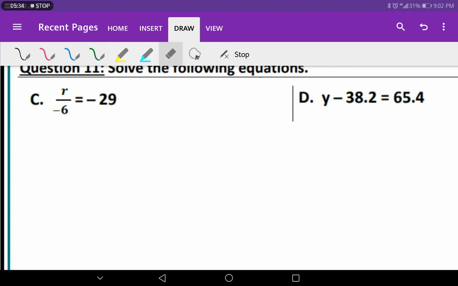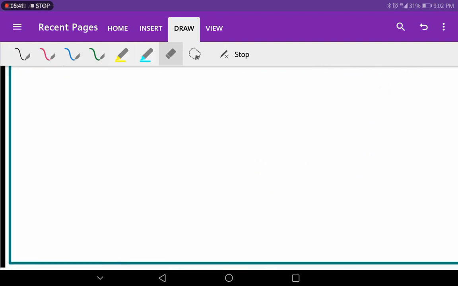Okay. Now, let us take another example. If we have a question like this, for example, 3m minus 4 equal, for example, 8.